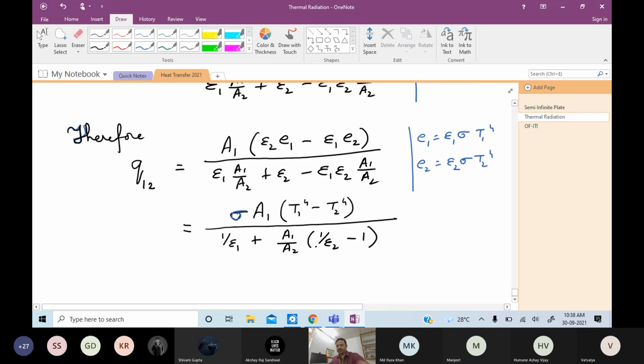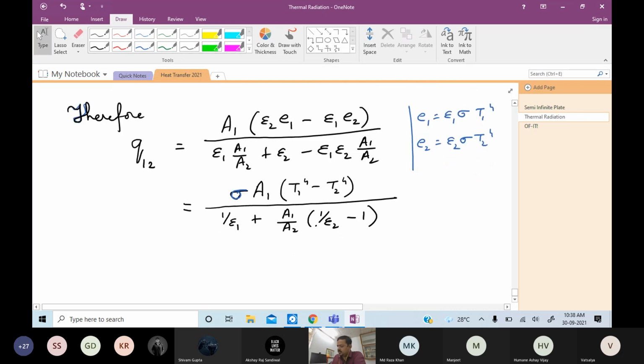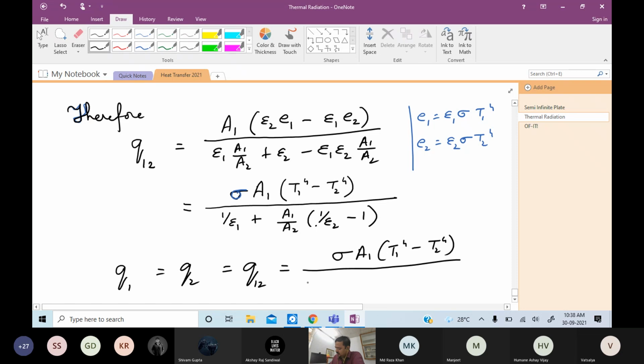Since only two surfaces are involved, Q1 equals Q2 equals Q1 to 2, which is equal to sigma A1 times T1 to the power 4 minus T2 to the power 4, divided by 1 over epsilon 1 plus A1 by A2 times 1 over epsilon 2 minus 1.